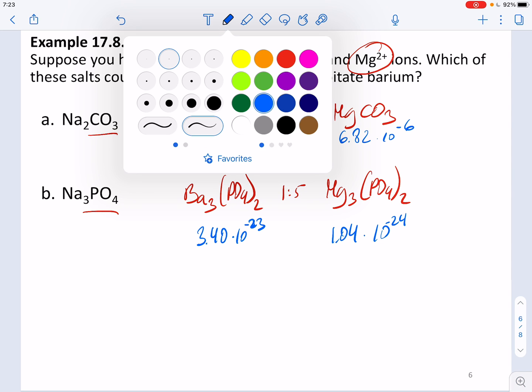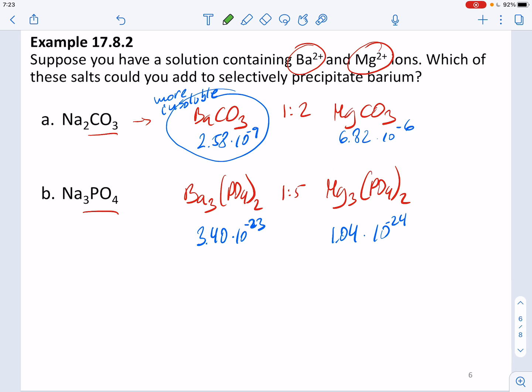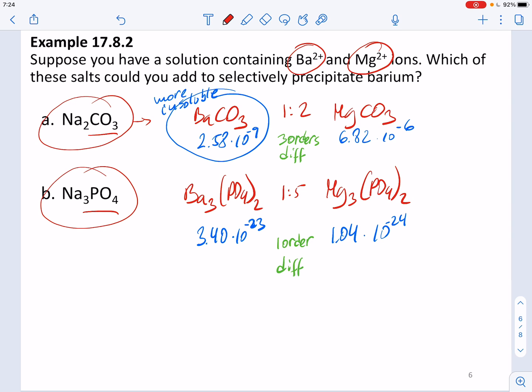Here you have 3 orders, and here you only have 1 order of magnitude difference. Okay, 3 orders difference, 1 order difference. So which one would you pick? Remember the question is between sodium carbonate and sodium phosphate, which of these salts you are going to use to selectively precipitate barium out of that solution.